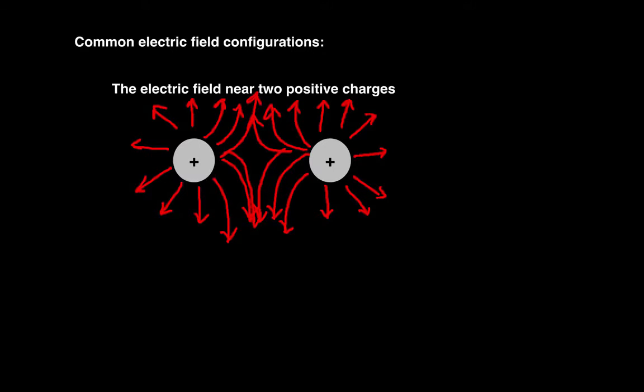And we can see again in the center, there's a spot where it's equally repelled by both of them, and so there's no electric field there because the electric field lines cancel each other out.